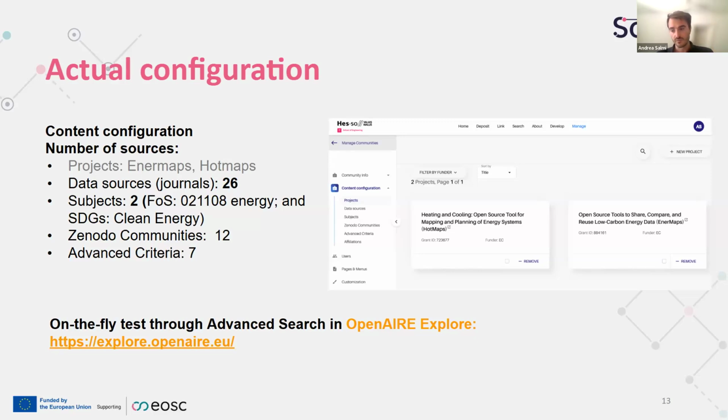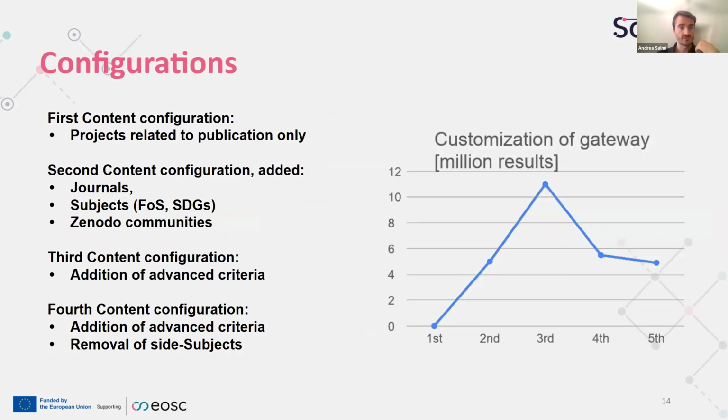With this tool, we were able to test criteria by criteria the partial impact of all our choices on the configuration. So in the first configuration, we just related the publications with our projects that are related to OpenAIRE. So we had really few thousand results.